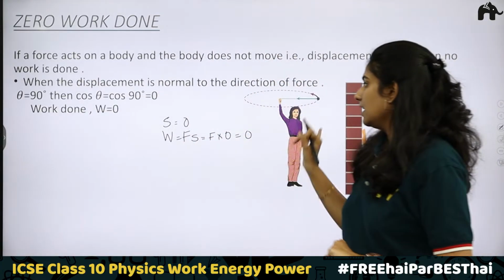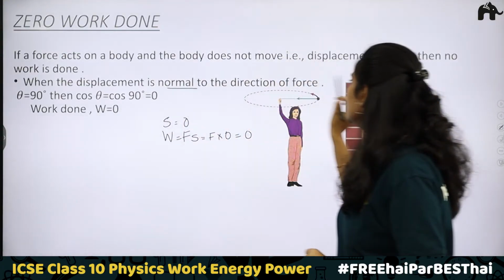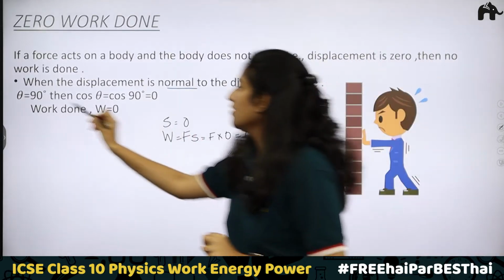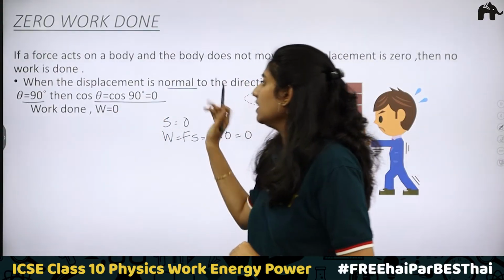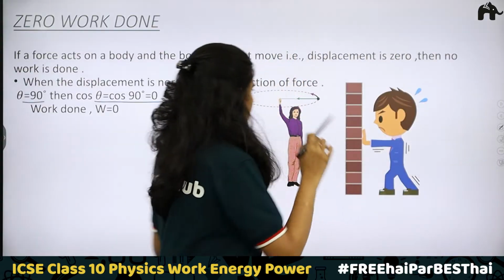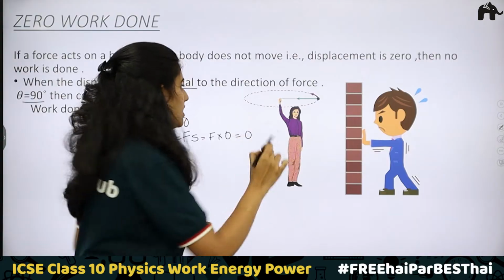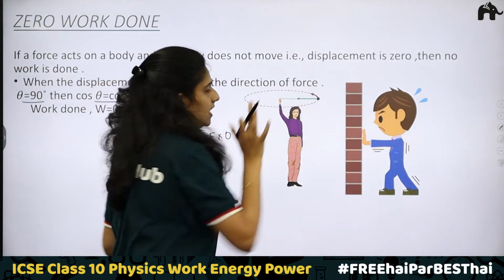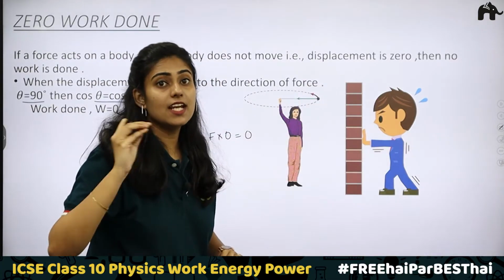This is one case. Now, the second case is when the displacement is normal to the direction of force. Normal means what is the angle? 90 degrees. When theta is equal to 90 degrees, then cos theta will be cos 90 degrees, which is equal to 0. Now consider this case. Here we have a girl who has tied a stone to a string and the stone is in uniform circular motion. We have studied in the previous chapter, a body will be in circular motion only when there is a centripetal force.